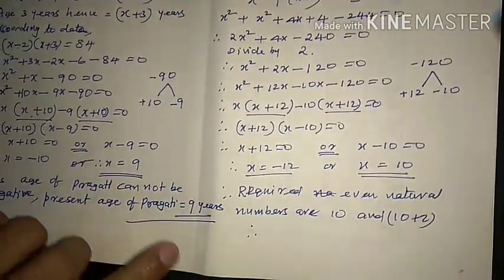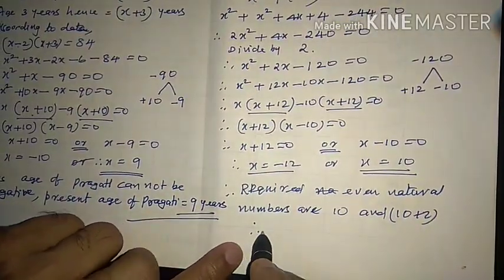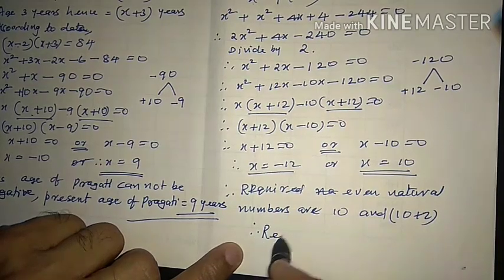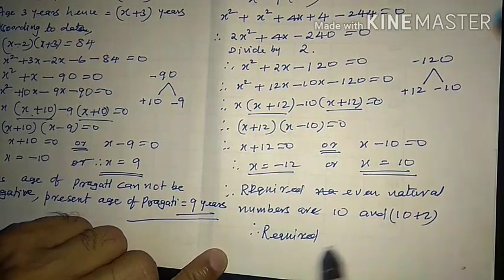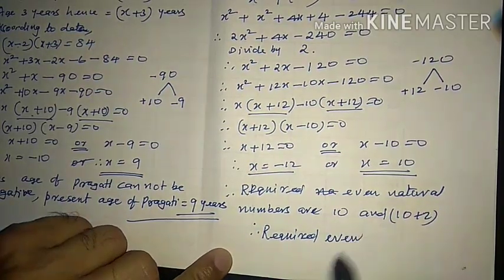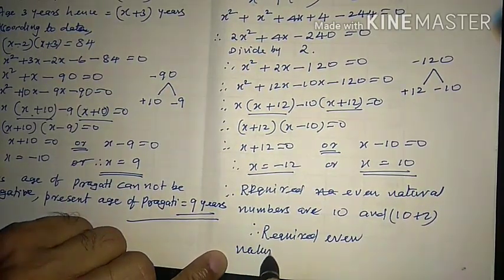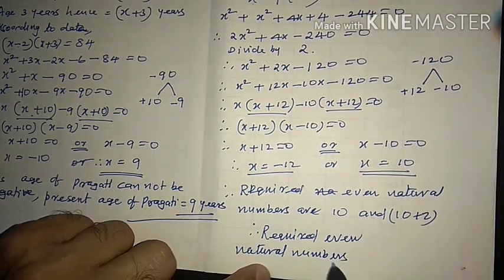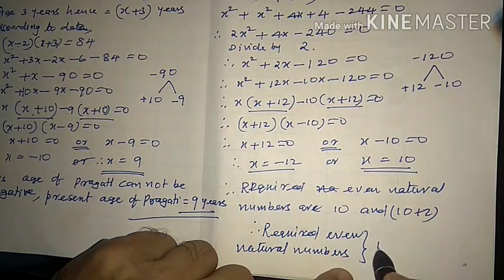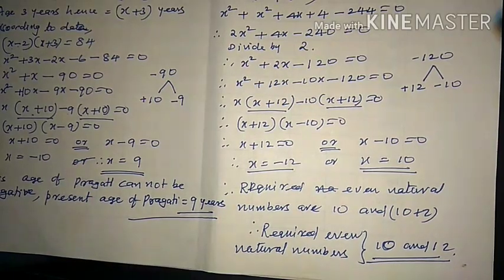Therefore, the required even natural numbers are 10 and 12.